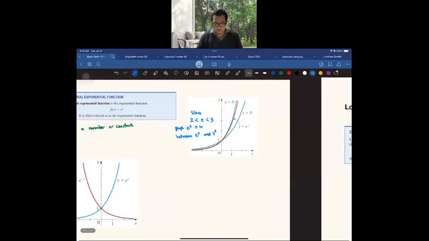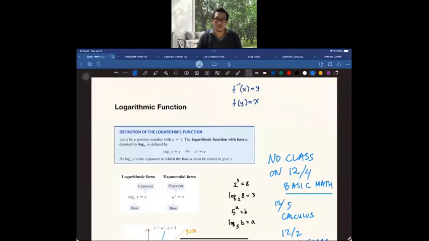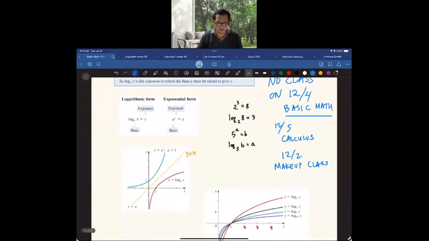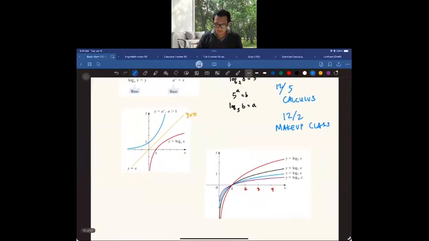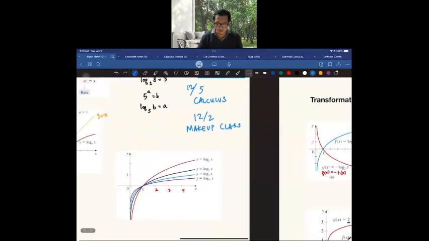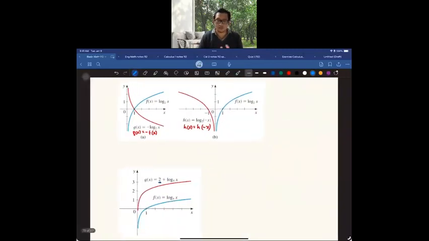So exponent, and then we move on to the logarithm, which is the inverse of the exponent. As you can see from the graph here, the definition by graph through y equals x shows that the exponent is the inverse of the logarithm. Then some transformations: how to shift the functions upwards, and how to mirror.